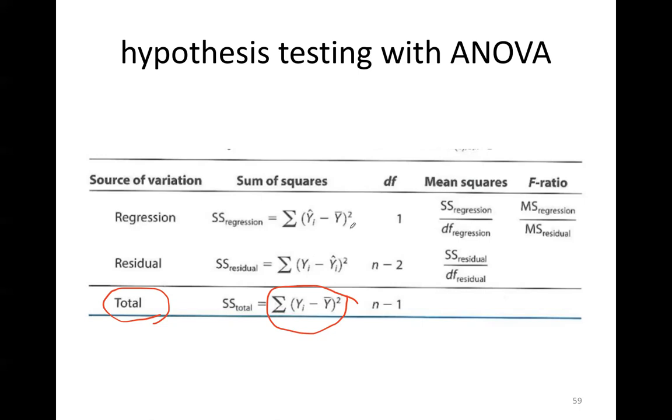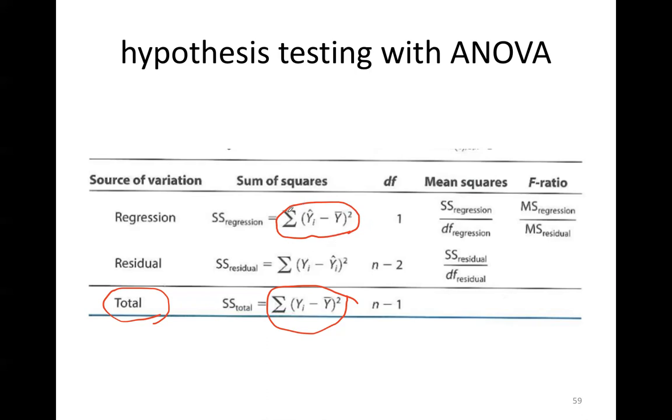We divide this into the part which can be explained by the regression function, the predicted y values and the observed value squared. So this is the part that can be explained by the regression formula.